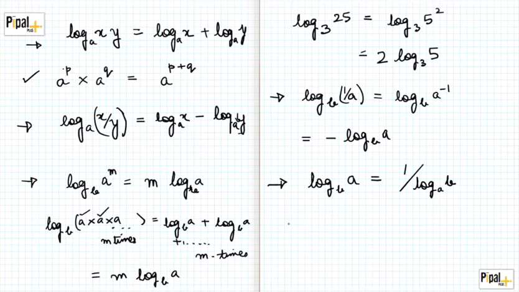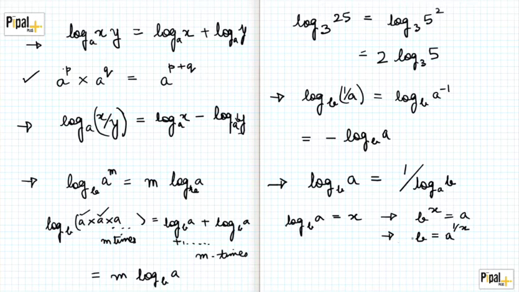Now let's take the left hand side equal to x. If I convert this into the standard power form, if I remove the log, this gives me b to the power x is equal to a. I can rewrite this as b equals the 1 by xth power of a.